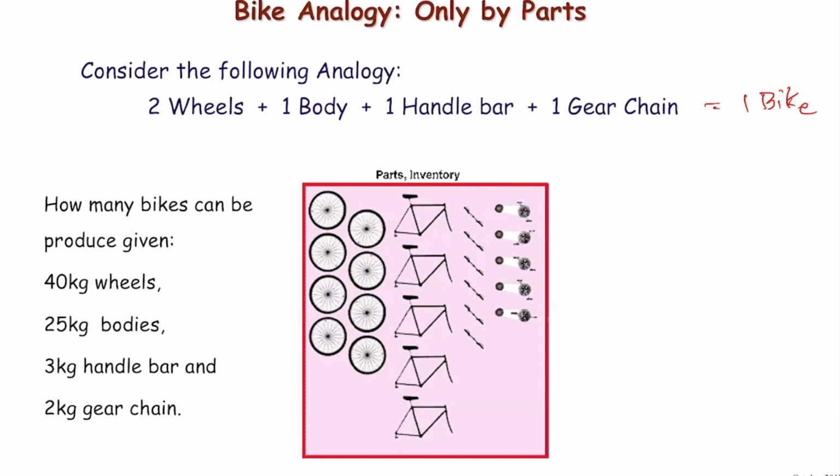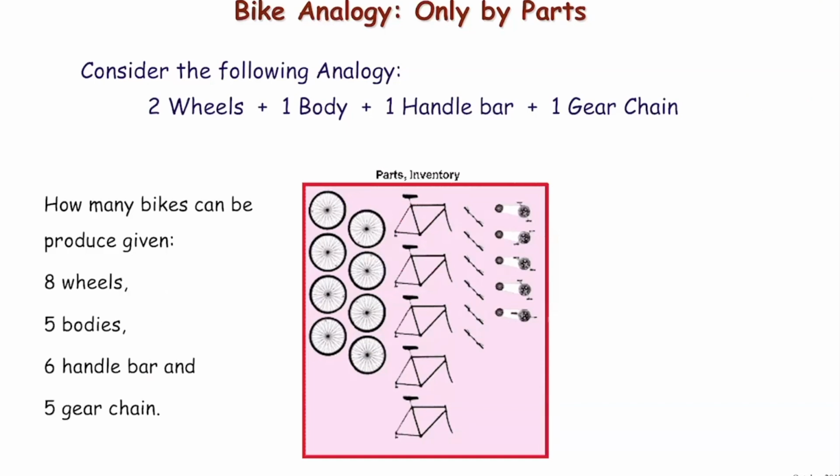Okay, so let's say that after I do my calculation, I have 8 wheels, 5 bodies, 6 handlebars, and 5 gear chains. Well, 8 wheels will potentially give me 4 bikes. That's the theoretical amount. Okay, theoretical.